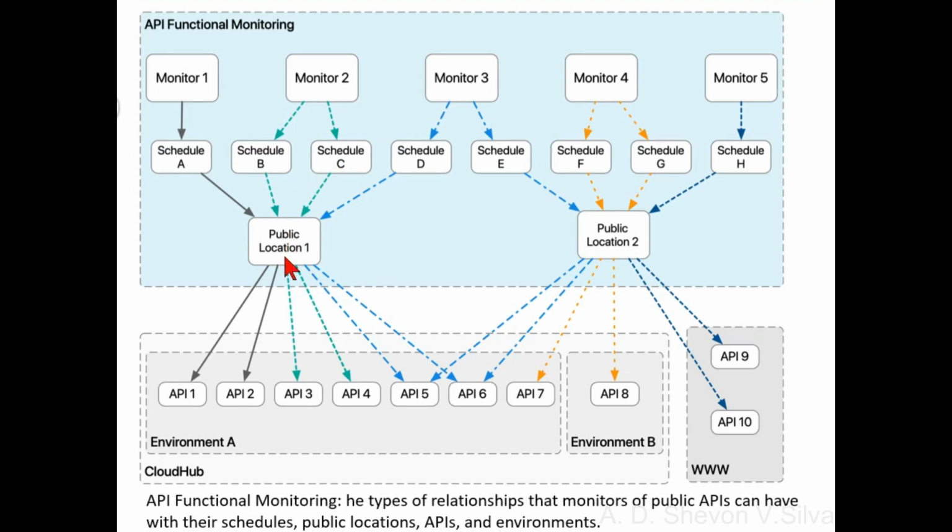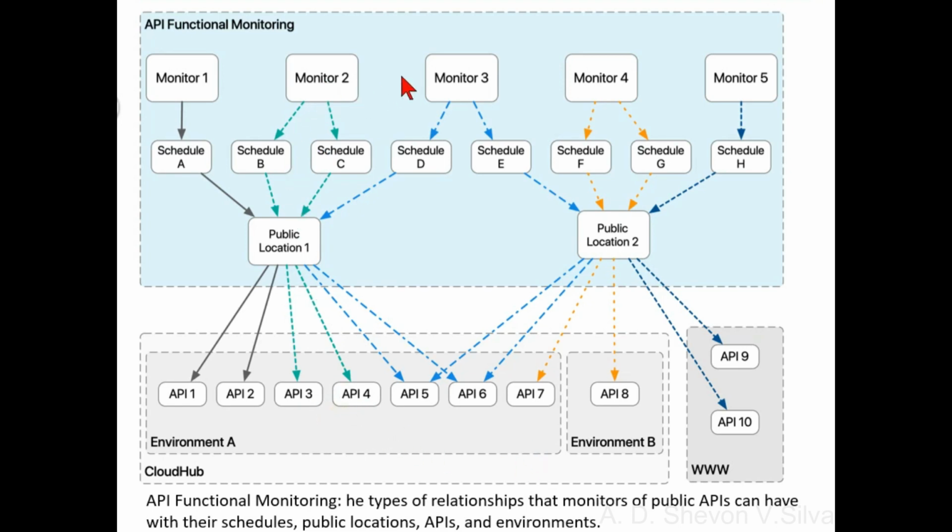Monitor 2 is written to test one or more endpoints in public API 3 and public API 4, although it could also test endpoints in more public APIs. The two APIs are in a single environment A.